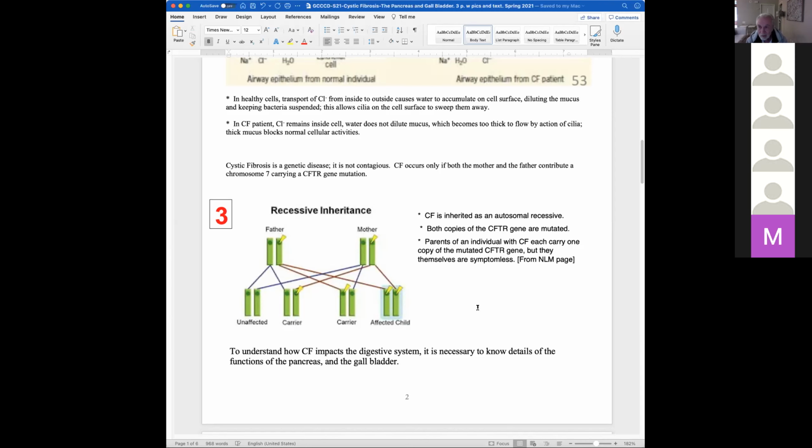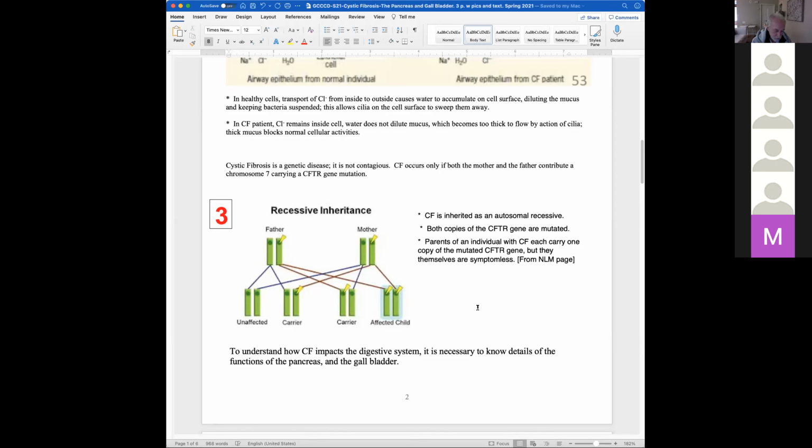Professor, is there a way to avoid cystic fibrosis disease before it is inherited? Well, not really. The only way you could avoid it is if you had genetic testing done.